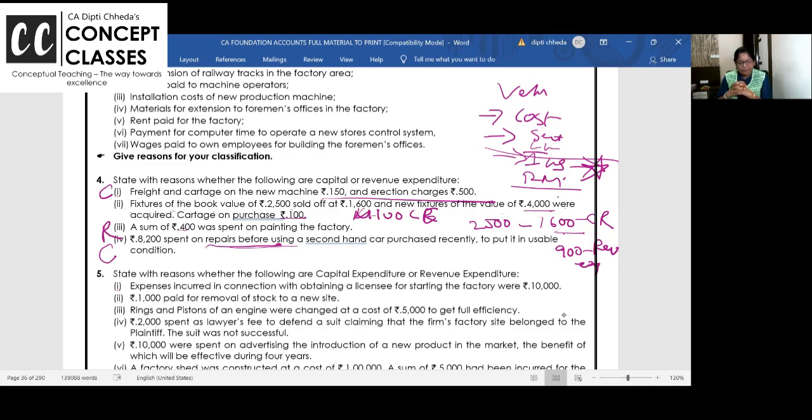Clear? Yeah. Just check the fourth question. If you have any doubt, any bit, ask me.